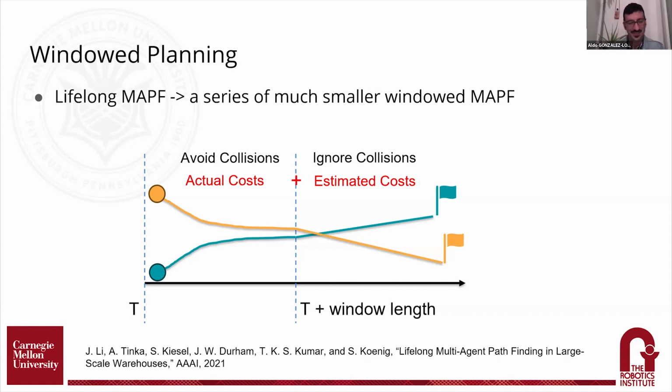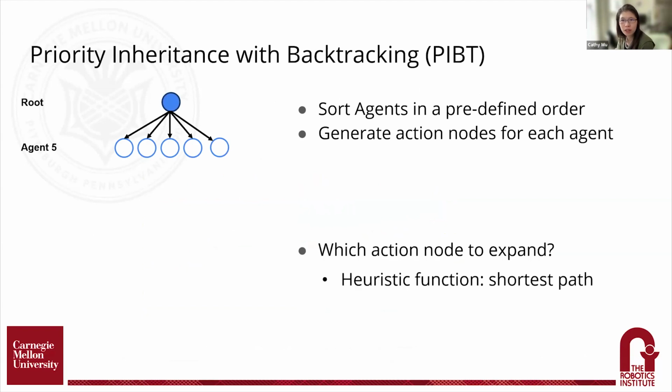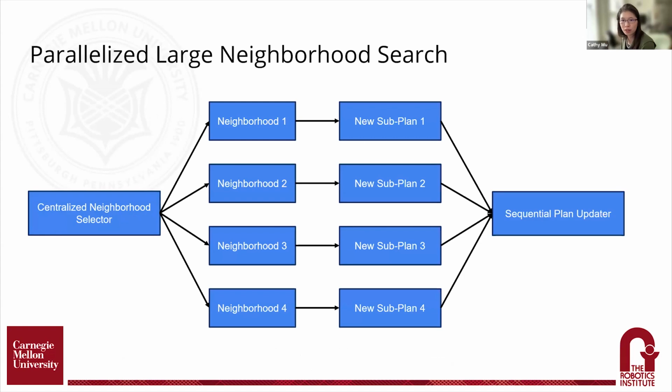Okay, thank you very much. So first of all, congratulations. My question was, when you do the parallelizing of the LNS, does this result in additional conflicts, and how do you address those conflicts?